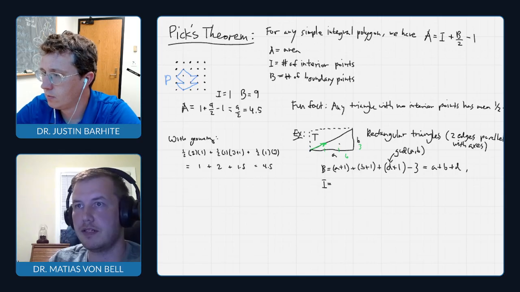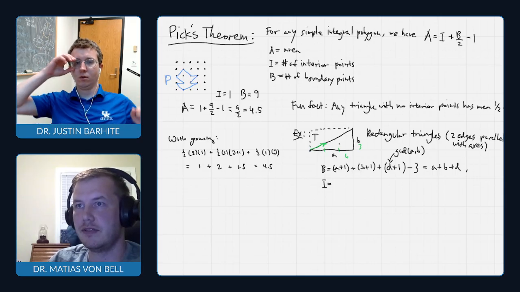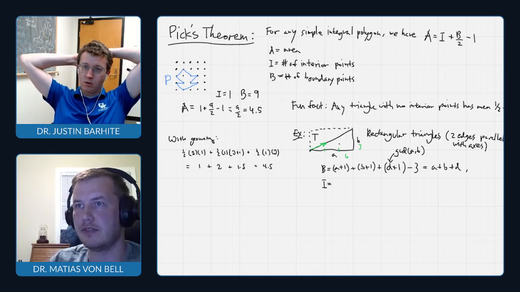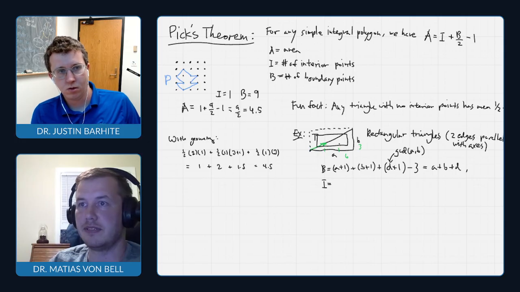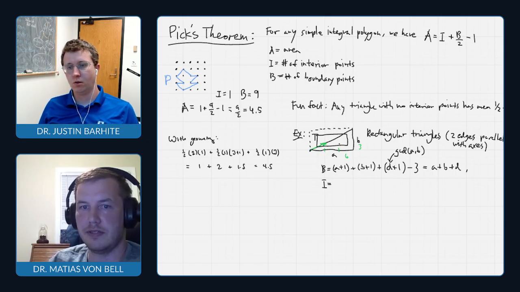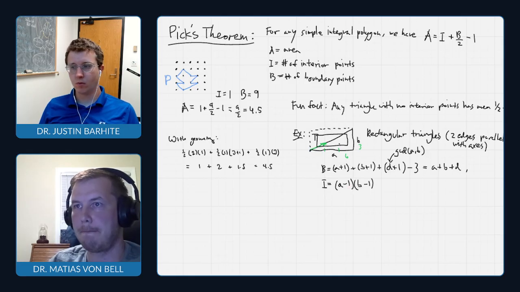But Justin, as you were saying, if we have this interior rectangle, the number of integer points in there would be just like you said, a minus 1 times b minus 1.